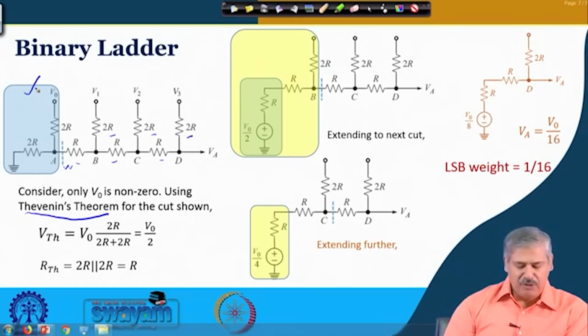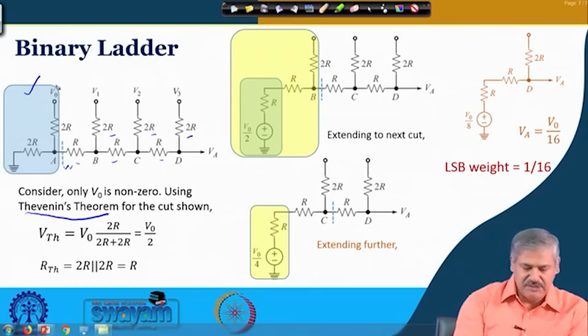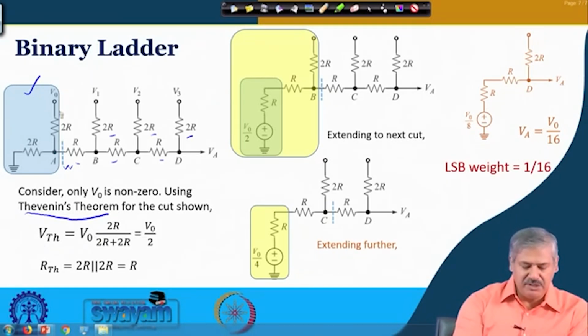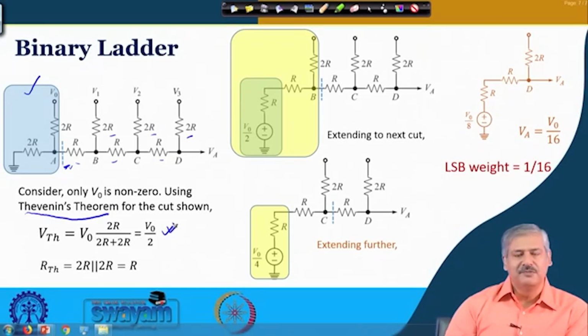Okay. So, for this V naught, VTH will be V naught into 2R by 2R plus 2R, right. This is the resistance, this is the resistance, this is open circuit, this is cut here, right. We know how Thevenin theorem works. So, this is V naught by 2, fine.